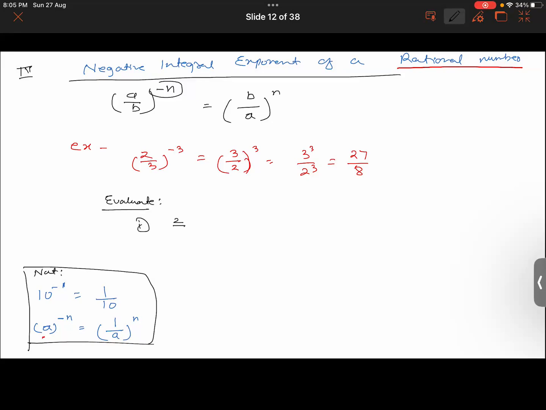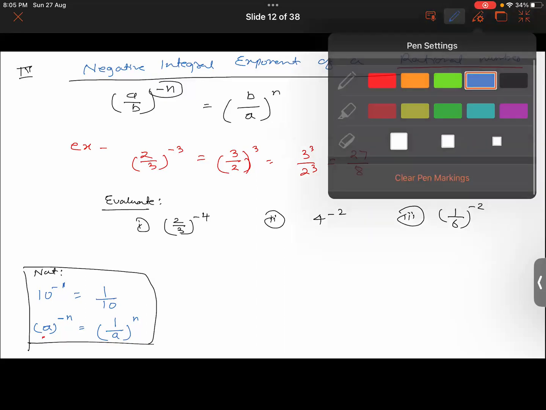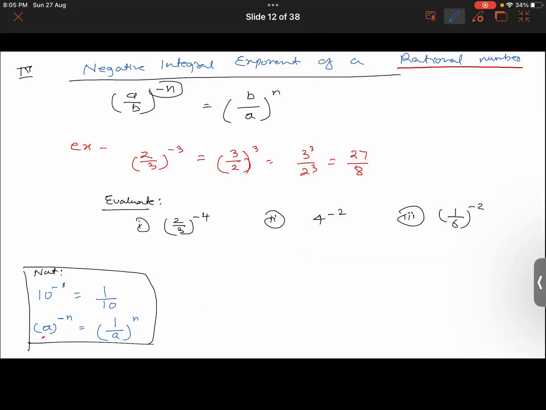Okay, let's solve a few questions. Question 1 is 2 upon 3 raised to the power minus 4. Question number 2 is 4 raised to the power minus 2. Third question is 1 upon 6 raised to the power minus 2. Three questions are there. Okay, solve these questions. Is it clear now, how we have to solve this? Yes, sir. Ahmed, is it clear?